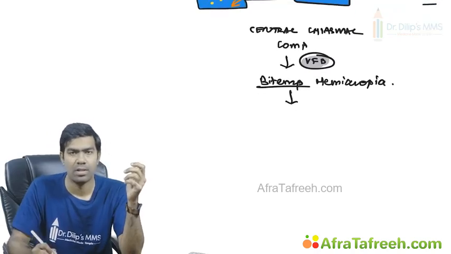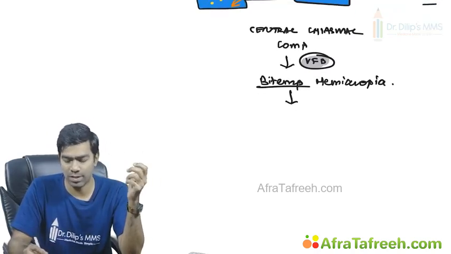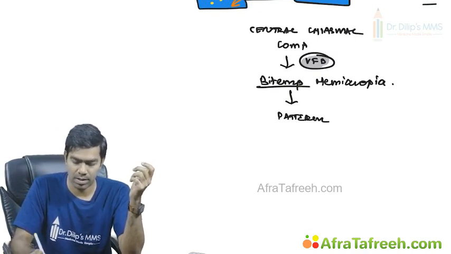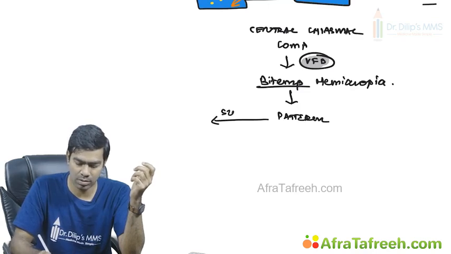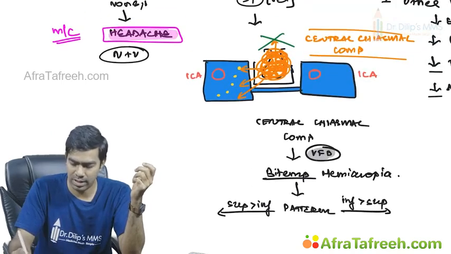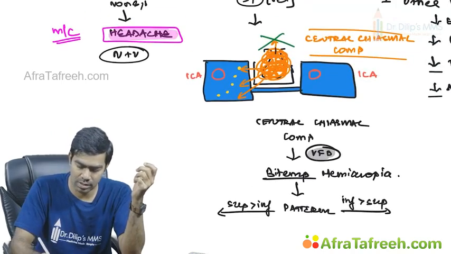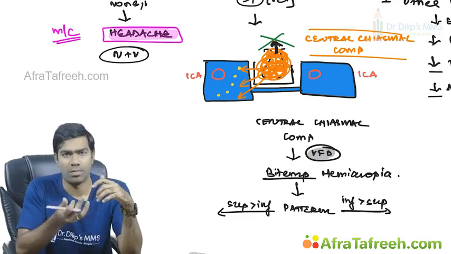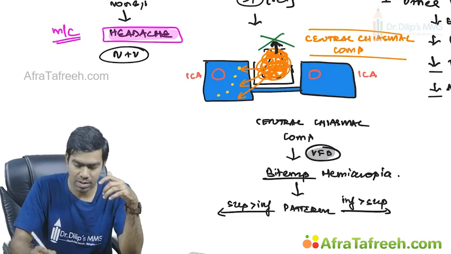But remember, in this itself, you have to see what the pattern of bitemporal hemianopia is, whether it is superior loss more than inferior loss or inferior loss more than superior loss. Why is this important? Because expanding pituitary lesions will affect the optic chiasma from the bottom, which means the inferior fibers are affected more.